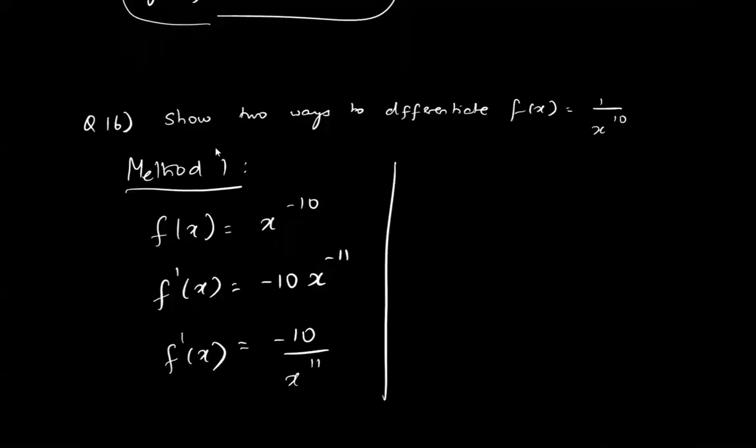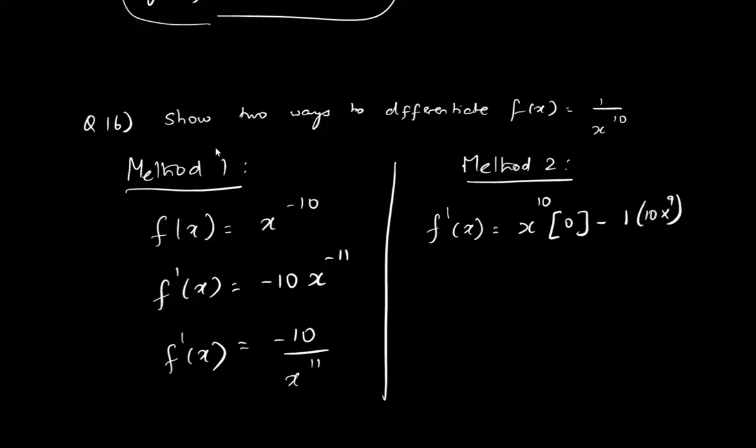In the second method, I'm going to apply the quotient rule. So when I apply the quotient rule, what do I do? I bring the denominator up times the derivative of the numerator, minus keep the numerator times the derivative of the denominator, all over denominator squared.